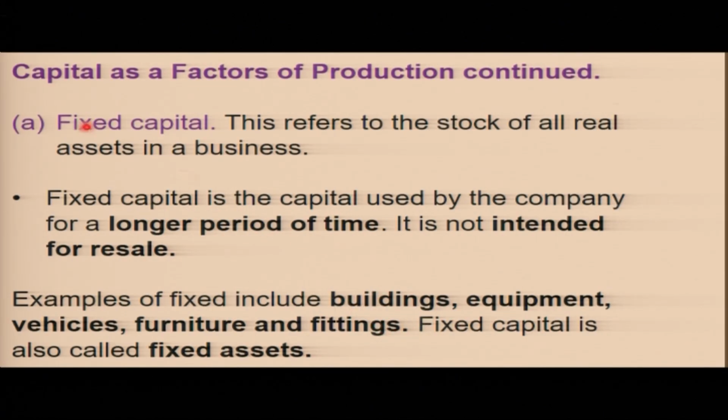So this is what we call fixed capital, the stock of real assets in the business. So when you are going to start up a business, you hire a building, you put there equipment. If it's an office, you put office equipment. Then you have to get vehicles that will be taking workers, or that will be taking equipment. Then furniture, if it is also an office, and fittings.